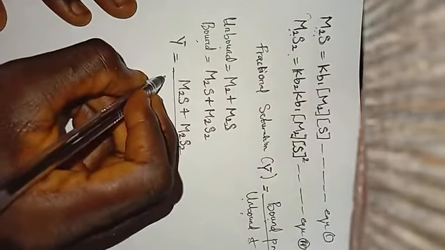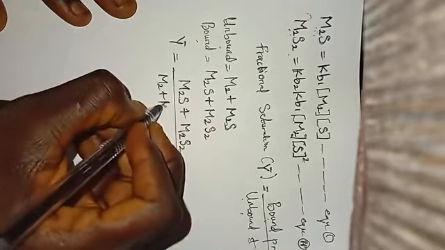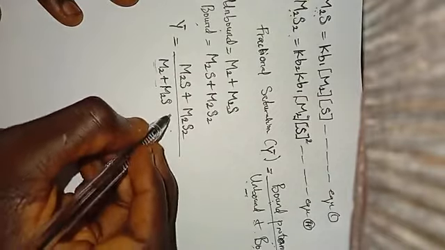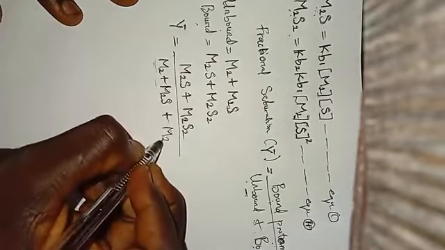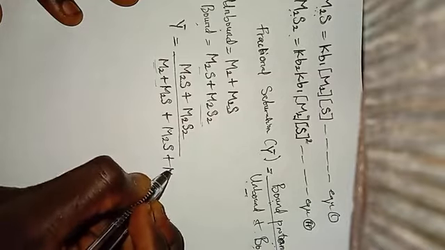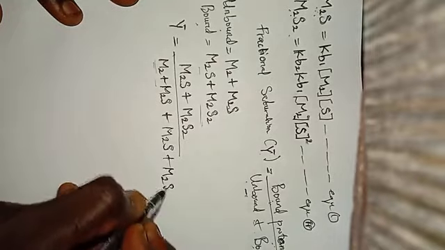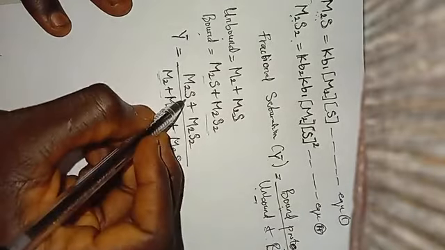The unbound is M2 plus M2S, then plus the bound, which is M2S plus M2S2.